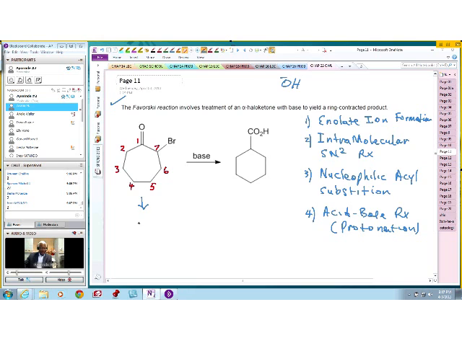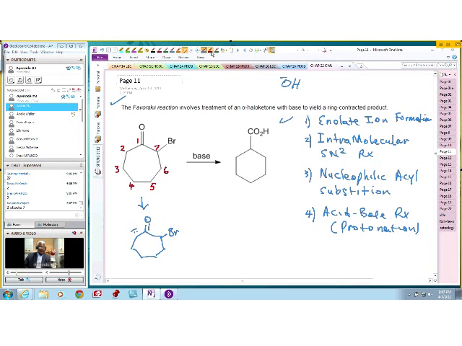So I want you guys to guide me through this. So we form the enolate ion here. Bromine is here. Okay, now step 2. What is going to happen in step 2? So far we've done this. I say intramolecular SN2 reaction. What do you think is happening? Okay, 2 attacks 7.